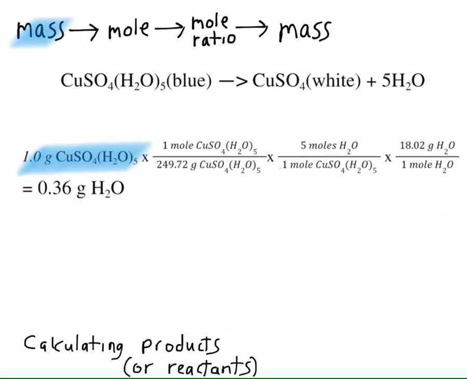Okay, so you start with the mass that's given to you in the problem. And notice I'm writing down the units also and the chemical also, because halfway through the problem we're going to change the chemical to find the water. Before I even think about what I'm doing next, I'm going to take care of the units. That helps me not to have to memorize how to do this problem. So whatever unit you start with in the first step always has to go on the bottom of the next step to cancel out completely.